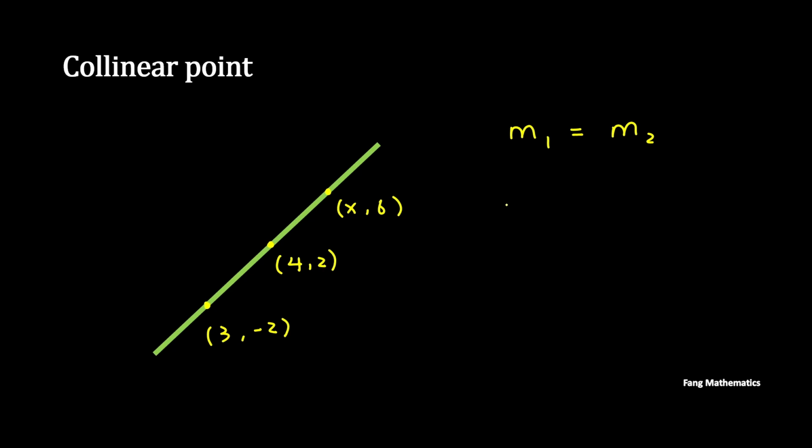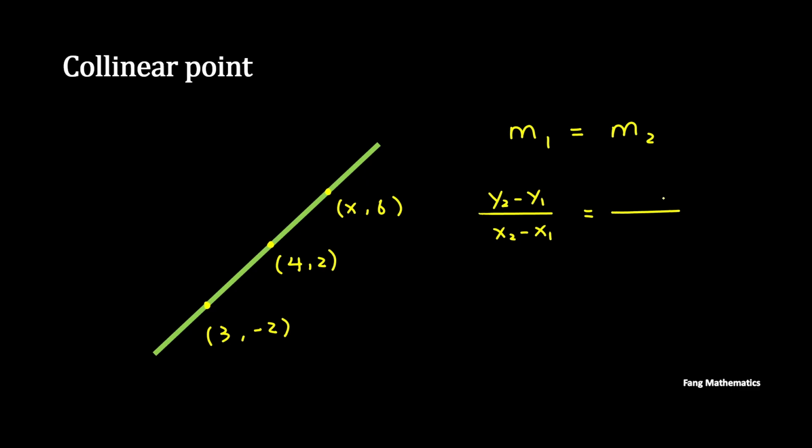You are to express gradient in terms of the formula. So recall your formula. You should have y2 minus y1 over x2 minus x1. And on the right, you should take another 2 points and find its gradient.